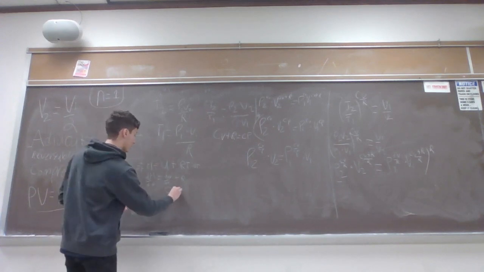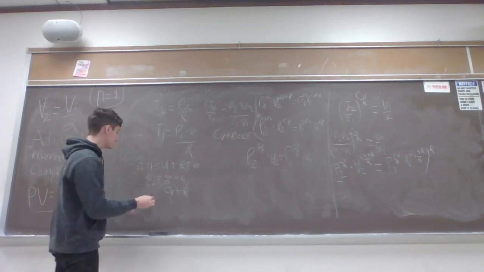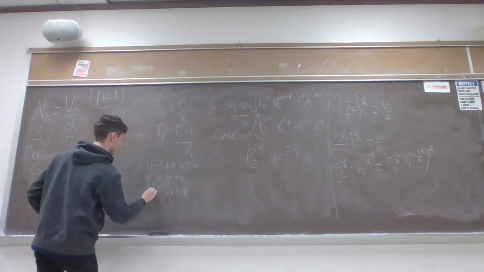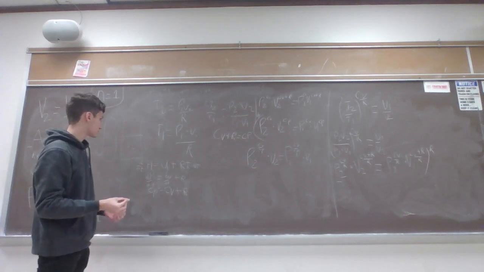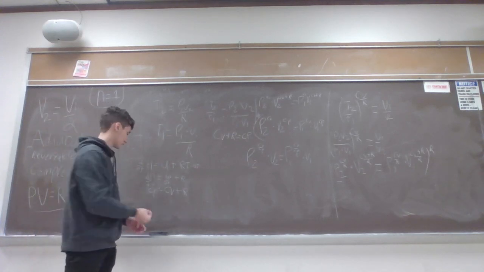And with that being R, we can use dH over dT, and we can set that equal to Cp.